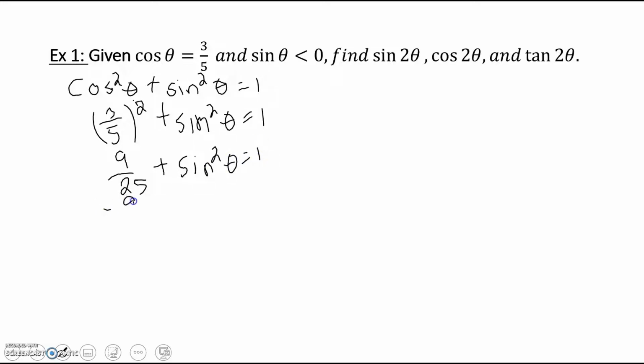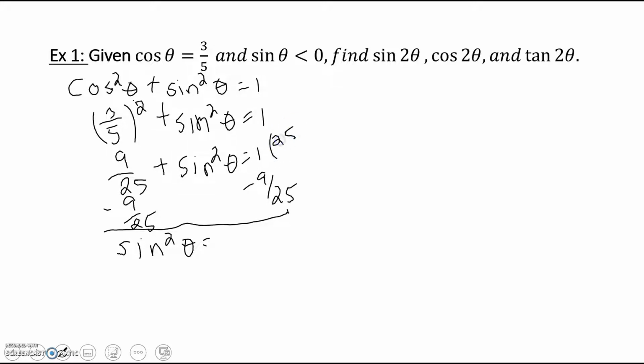And then we will subtract 9 over 25 from both sides to solve for sine squared theta. All right, you will have to get a common denominator. Your common denominator would be 25. So 1 is the same as 25 over 25. 25 over 25 minus 9 over 25 is going to give you 16 over 25.